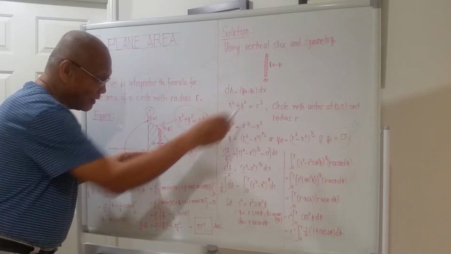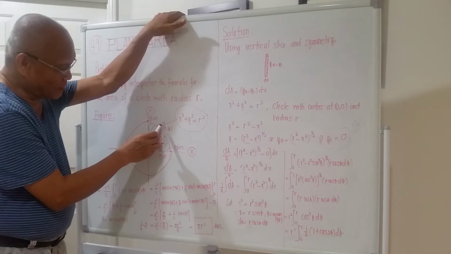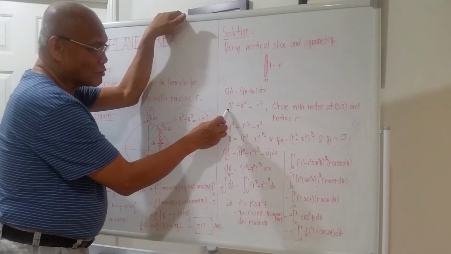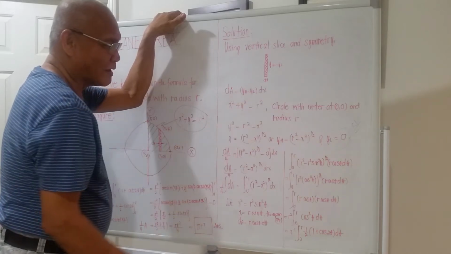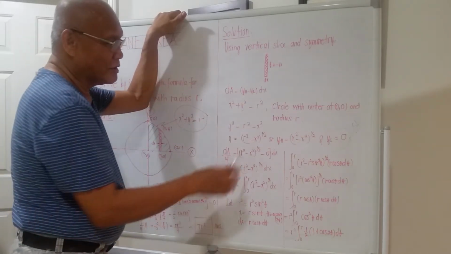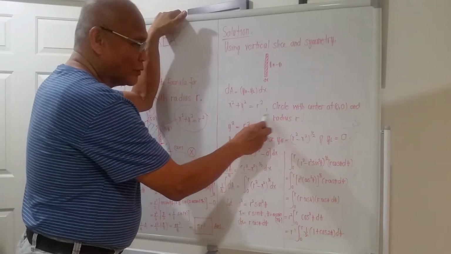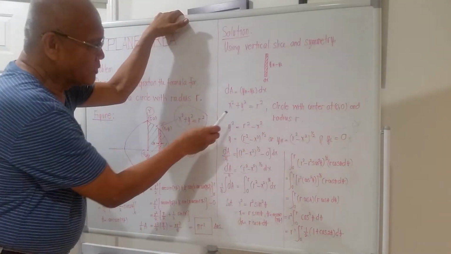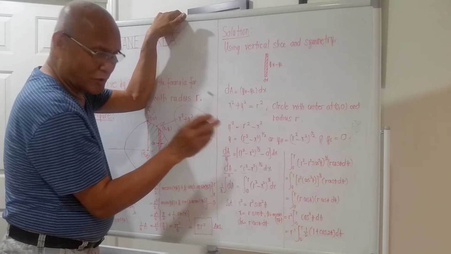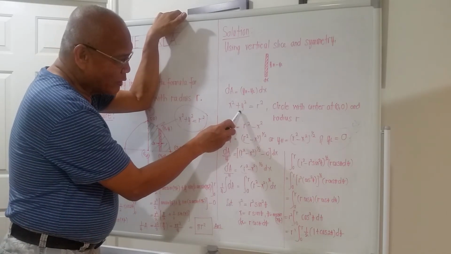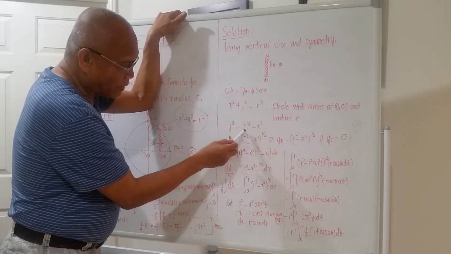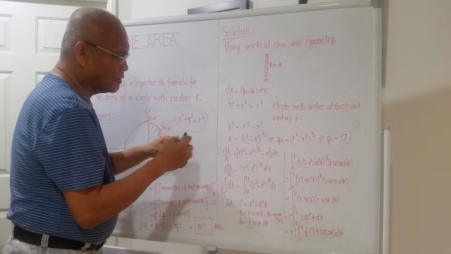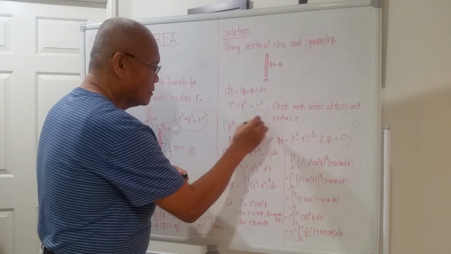So from the equation x squared plus y squared is equal to r squared, I said a while ago, this is a circle with center at 0, 0 and radius r. Okay, so solving for y squared, y squared will be r squared minus x squared, with transposition, okay? Then take the square root of both sides.